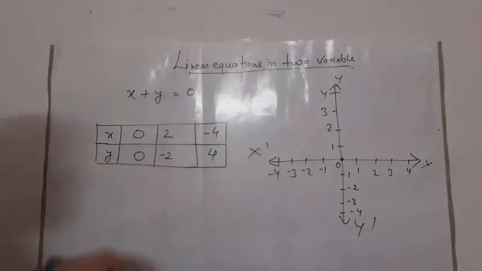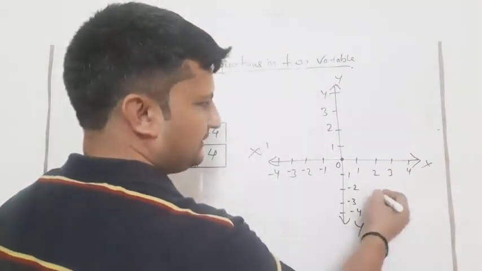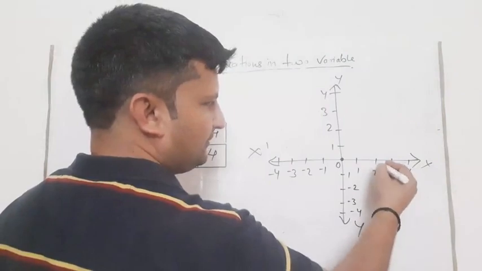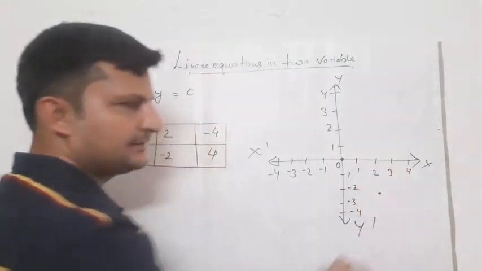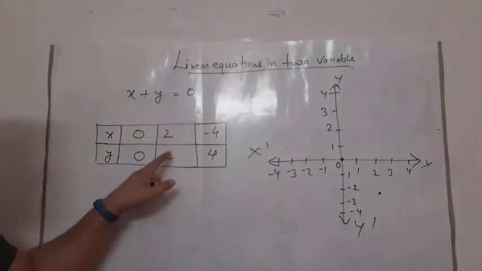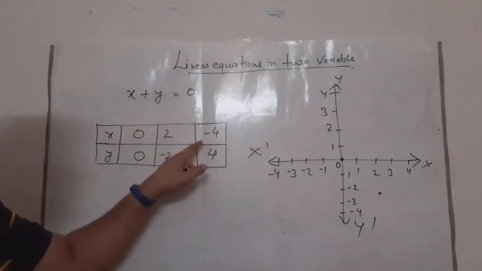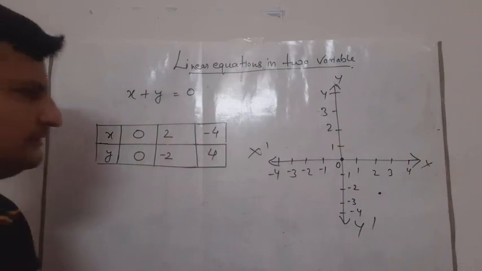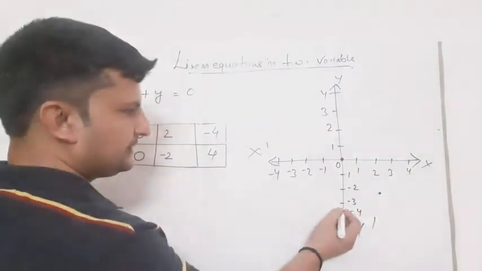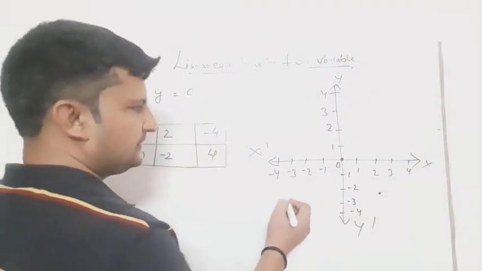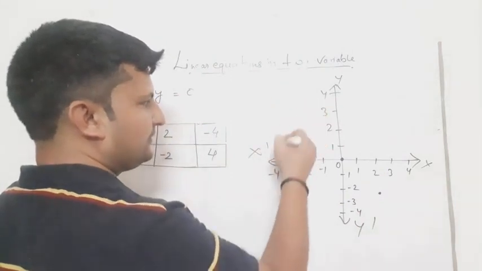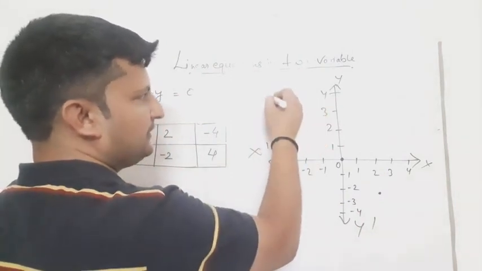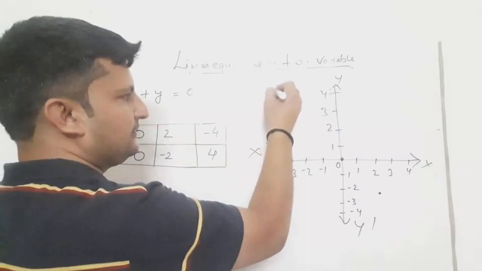Second is 2, comma minus 2, which will be here: 2 on the x-axis and minus 2 on the y-axis. Similarly, x is equal to minus 4 and y is equal to 4 will be here.